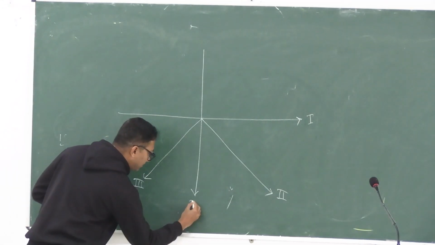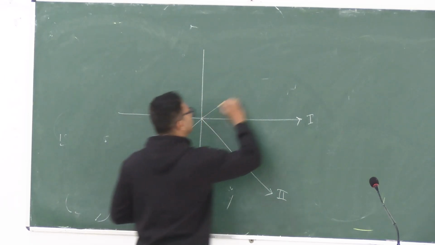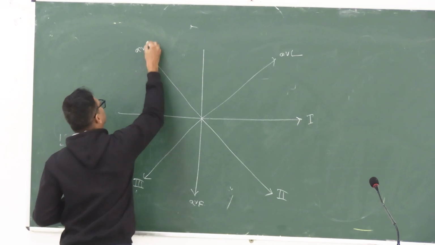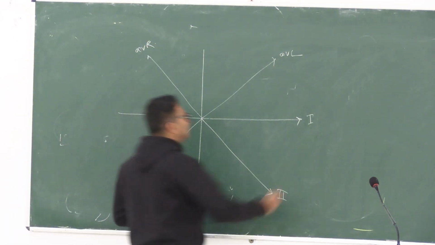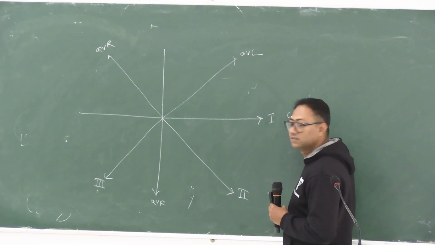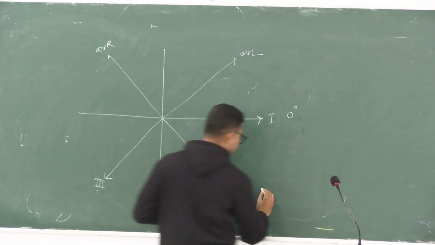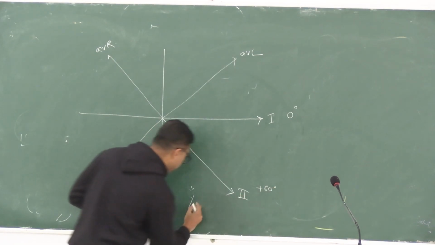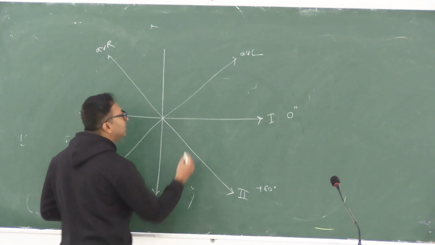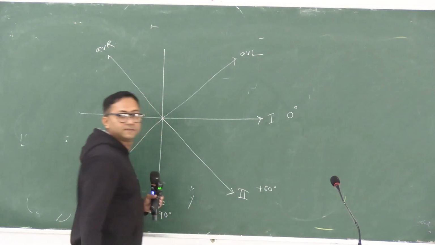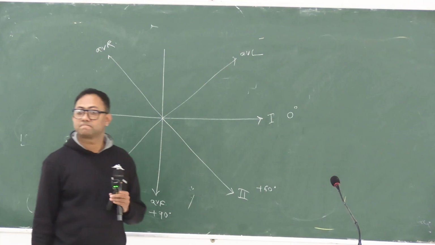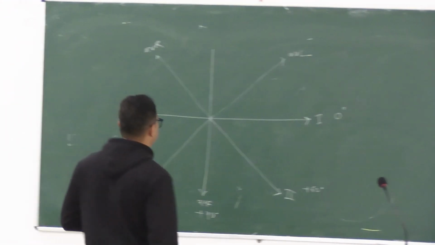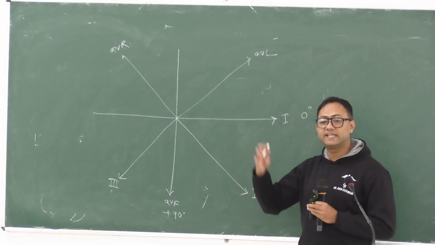This is AVF, this is AVL, this is AVR. This angle is 0 degree, this is plus 60 degree, plus 90 degree, and here it is minus 60. So tell me the range of the normal axis.